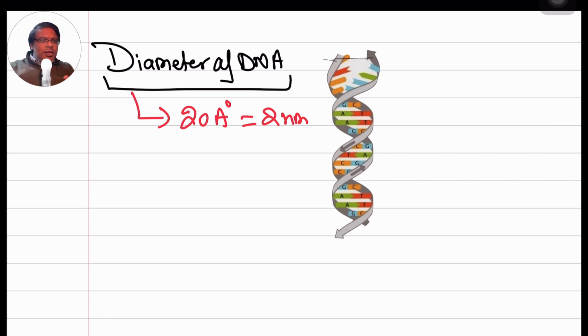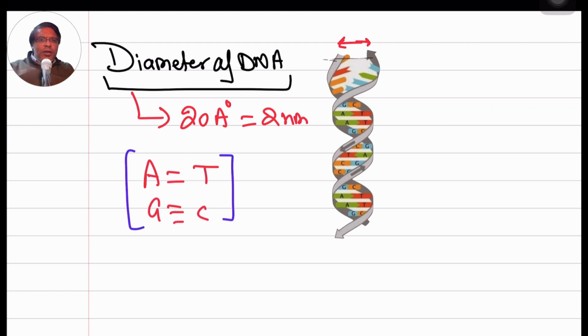I have told you DNA is double helical, and everything is fitted in this small diameter. There is hydrogen bonding between A and T, and between G and C. Adenine and thymine are present in this space, and guanine and cytosine are present within this space.